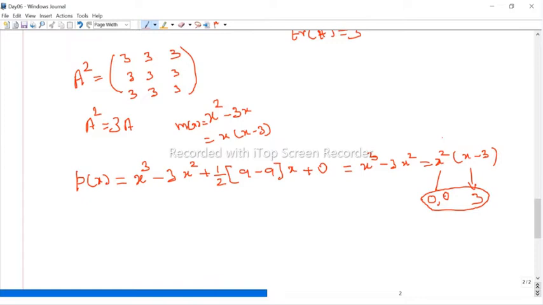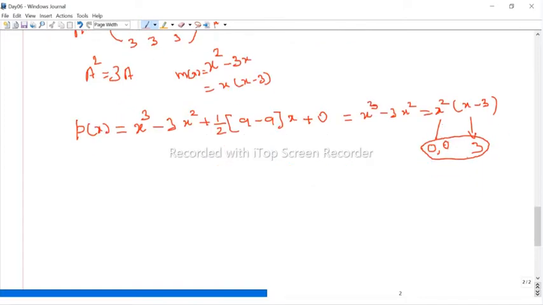Okay. Now we have to find the eigenvector corresponding to either 0 or 3. Better we take 3. So the eigenvector corresponding to 3 is nothing but the solution of (A minus 3I) times v equals 0. First we have to find the solution of this equation.